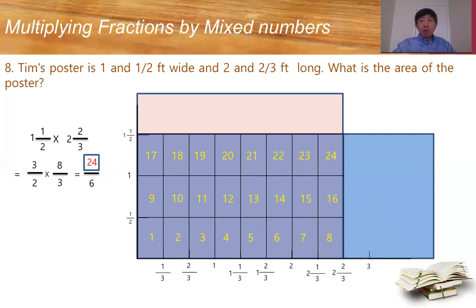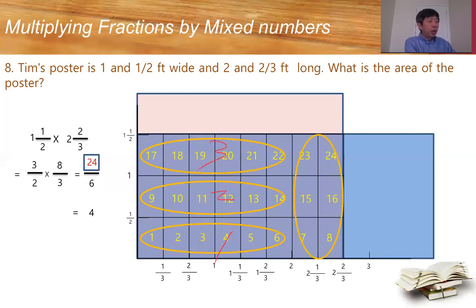How many wholes? 1 whole, 2 whole, 3 whole, and 4 whole, right? So therefore, the answer is 4 square feet.